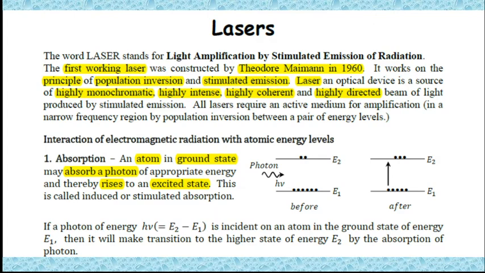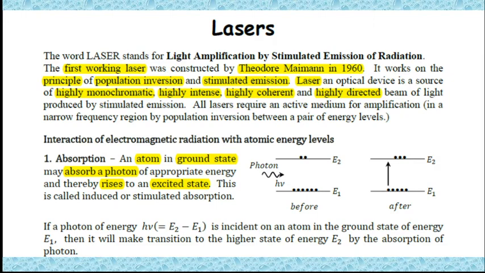To understand this in detail, we are considering a photon of energy h nu, where h is Planck's constant and nu is the frequency of the incident radiation. Let h nu be equal to the energy difference of the two levels under consideration, that is, h nu equals E2 minus E1.